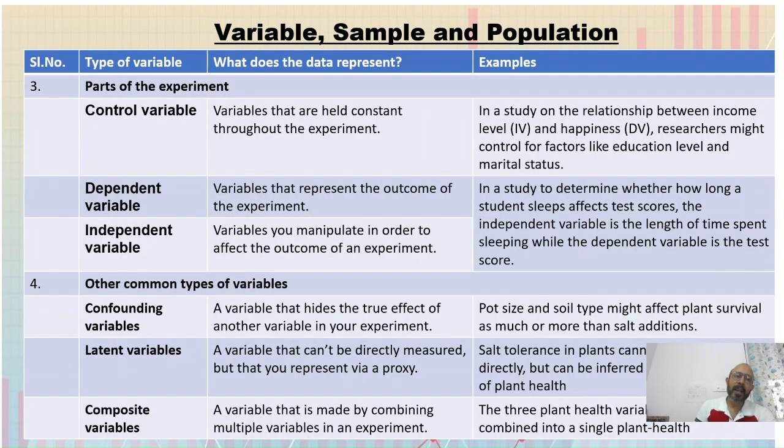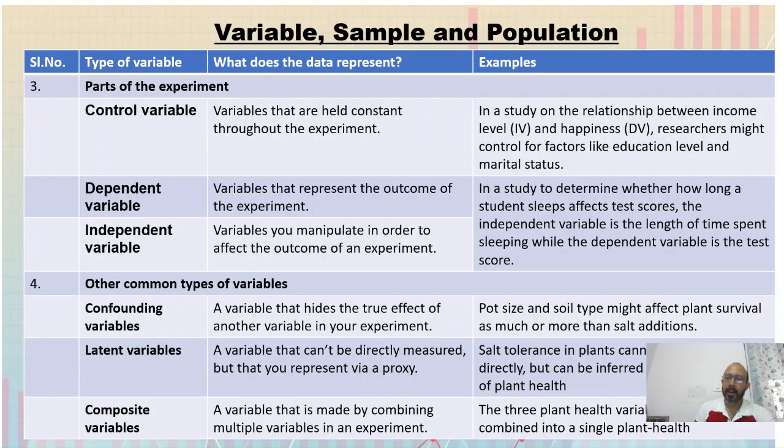Next, types of variables depending on parts of the experiment: control variable, dependent variable and independent variable. Control variables are held constant throughout the experiment.